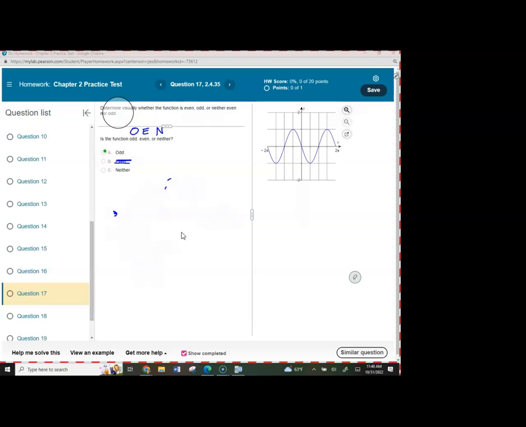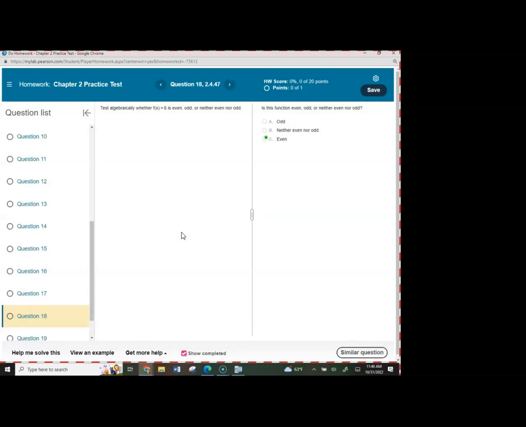Now, the reason I did 17 is because it leads into 18. Here's 18. Notice this time it's not saying visually, it's saying algebraically. This is what you're going to have to remember. If it's even, that means x becomes negative x, and you're checking to see if it's the same equation.